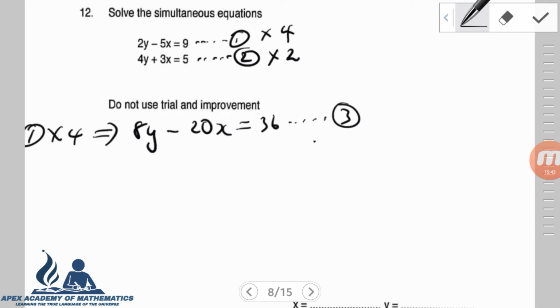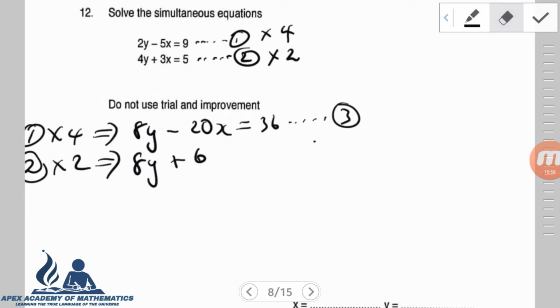So equation 2 now multiplied by 2, that implies that 2 times 4y is 8y, 2 times 3x is equal to 6x. I'm so used to having the y in the middle. 6x, and 2 times 5 is equal to 10, and that becomes equation 4. Okay. All right, so now the signs are the same.